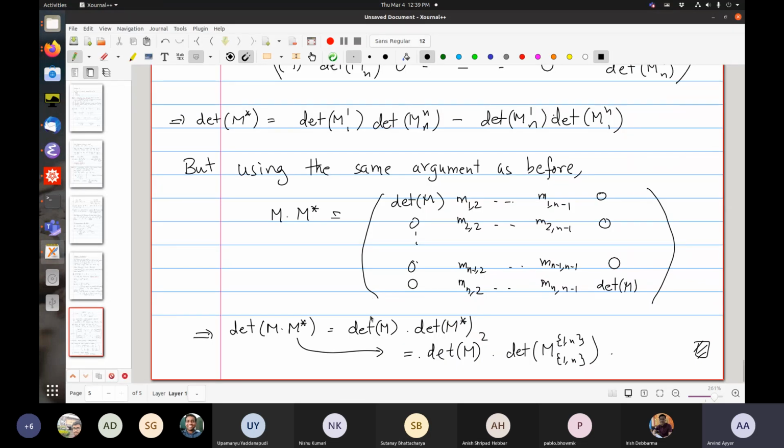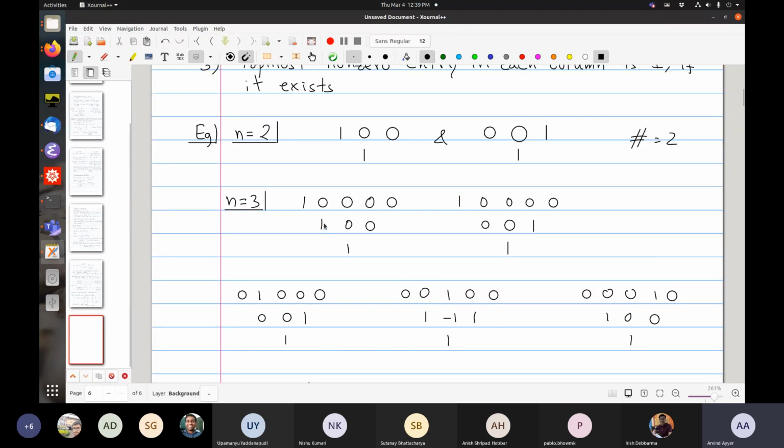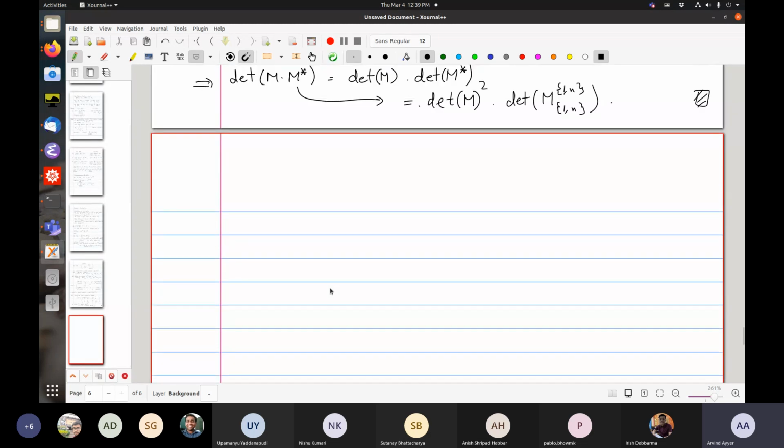Okay, very good. So why is this called Dodson condensation? So Reverend C.L. Dodson in 1866 published a paper, I think, in the Philosophical Transactions of the London Math Society.